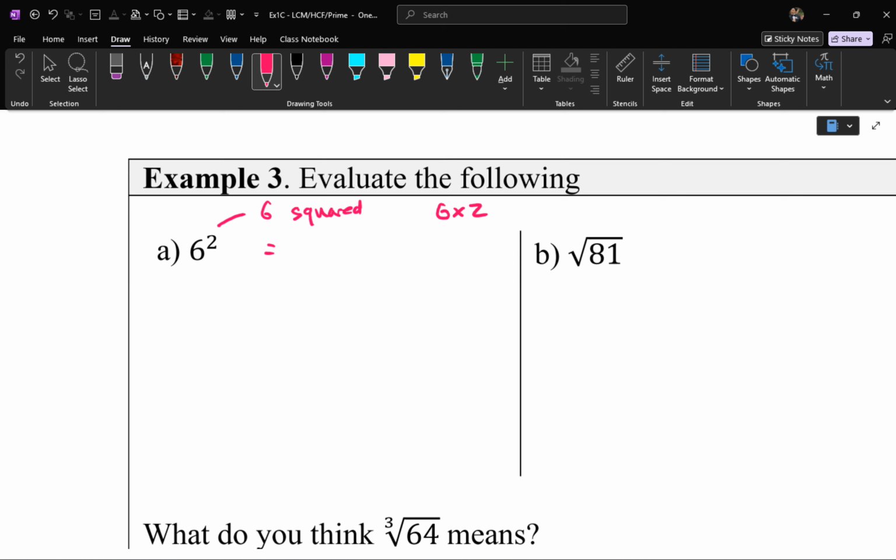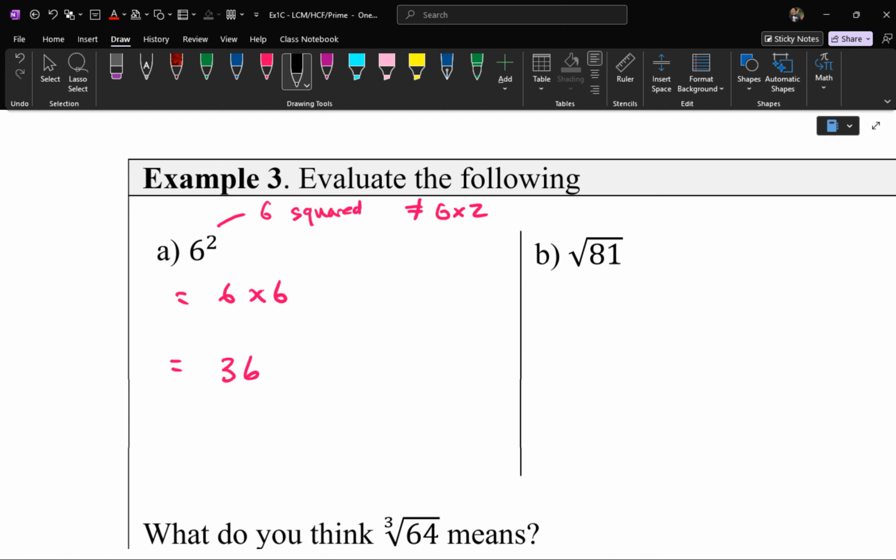That is not true. 6 squared actually means what? Hands up if you know. Yes, Will? 6 times 6. Good. It's timesing itself, and you should see 2 6s there. So with a square, you should see 2 6s. 6 times 6 equals what, Lucas? 36. Very good. So 6 squared is 36.